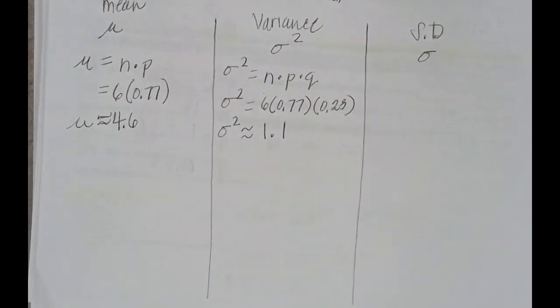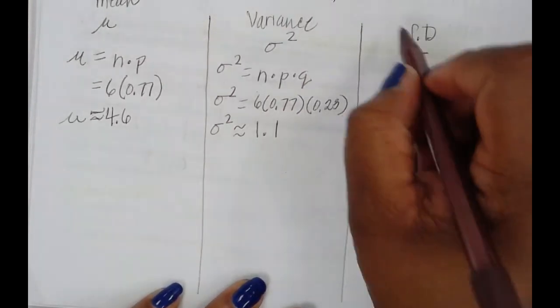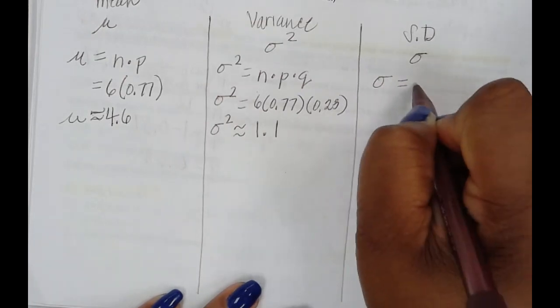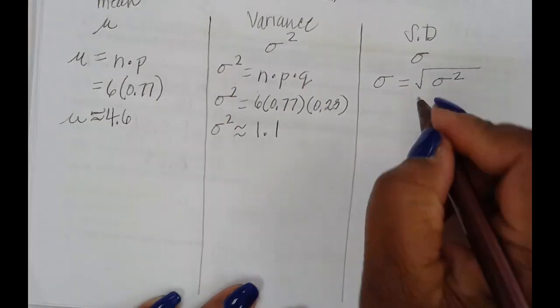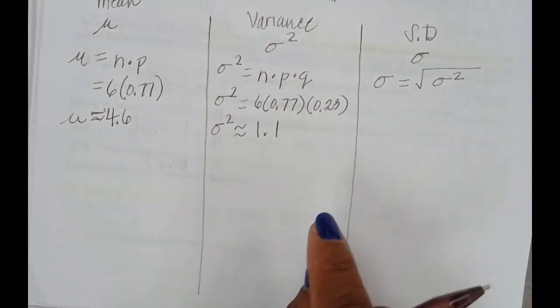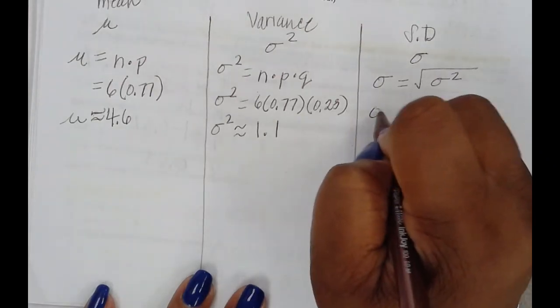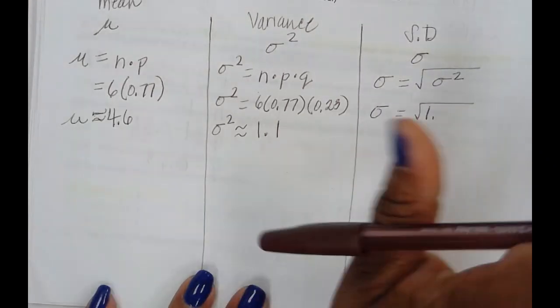Okay. Remember, the standard deviation is found by taking the square root of the variance. So I'm going to take the value before it is rounded, which is 1.0626. I'm going to put the whole thing in the calculator just to be on the safe side.